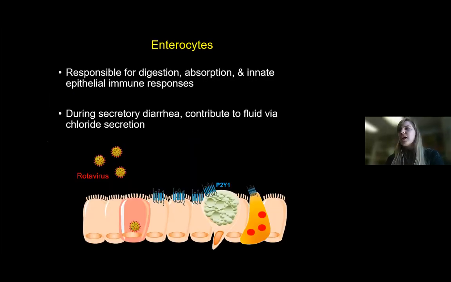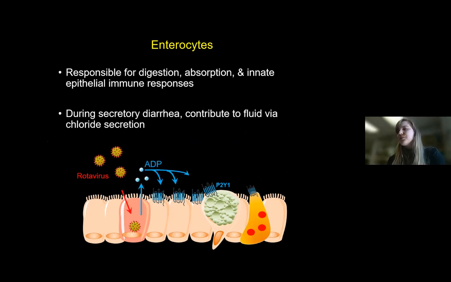So just as a general reminder of enterocytes, they're primarily responsible for digestion, absorption, as well as the innate immune responses throughout the epithelium. And especially during diarrhea and secretory diarrhea, enterocytes do contribute to fluid loss via chloride secretion.